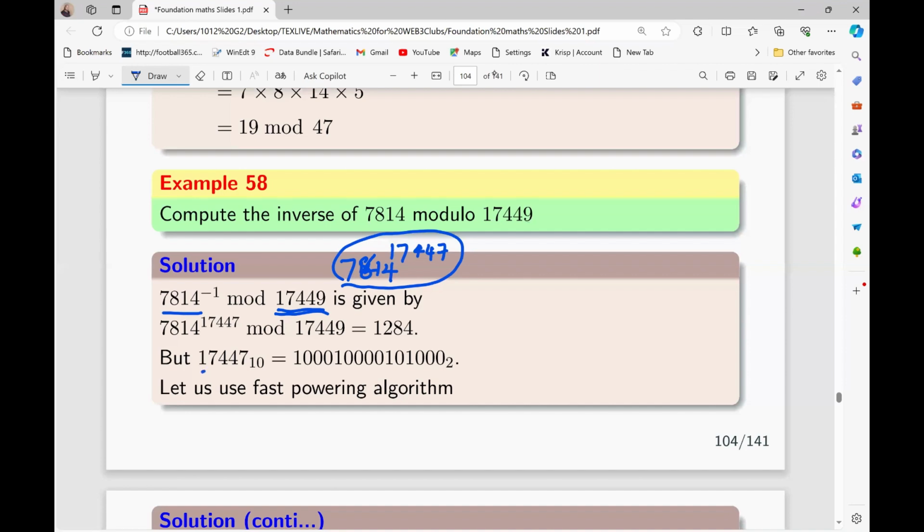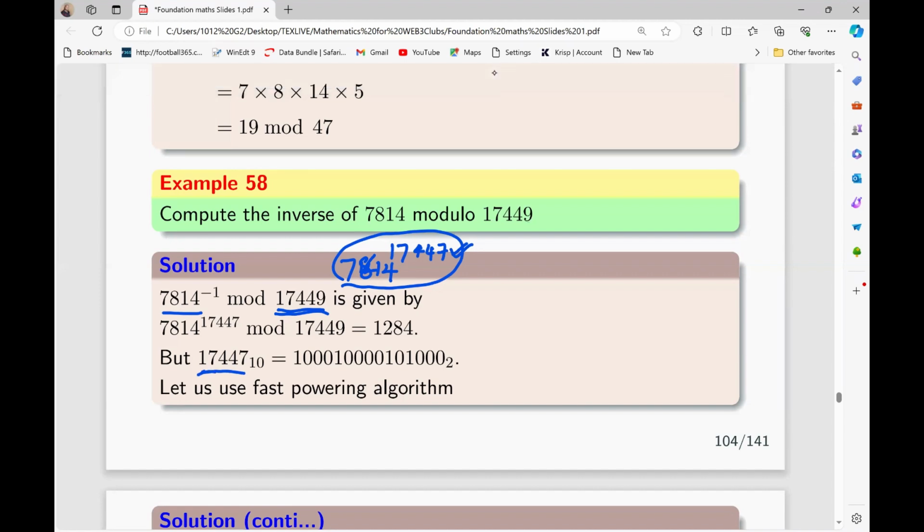I taught you how to convert bases of numbers earlier. This number converted to binary gives me this. So how many times am I going to square? 1, 2, 3, 4, 5, 6, 7, 8, 9, 10, 11, 12, 13, 14, 15. I'm going to square 15 times.